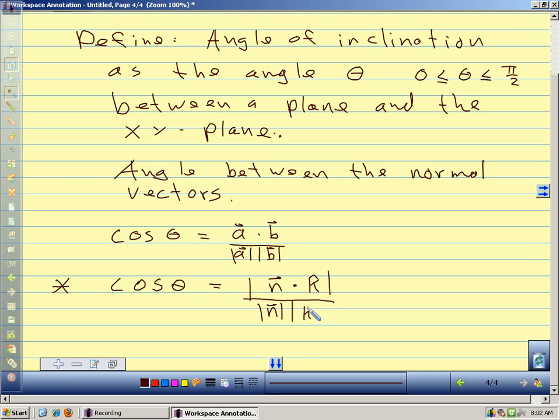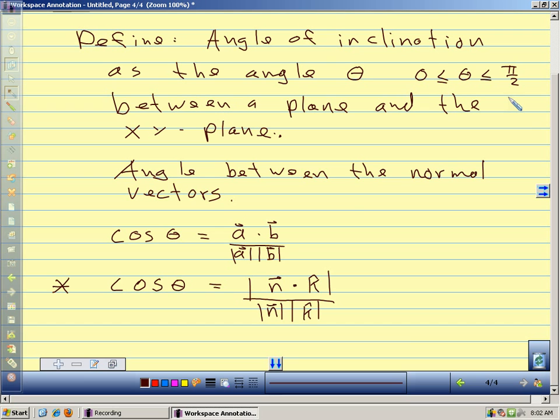I'm going to write k hat, even though the length of k hat is 1. So just the absolute value of n dot k hat over the length of n. And the absolute value makes sure that our angle is between 0 and pi over 2. That gives us our angle of inclination.